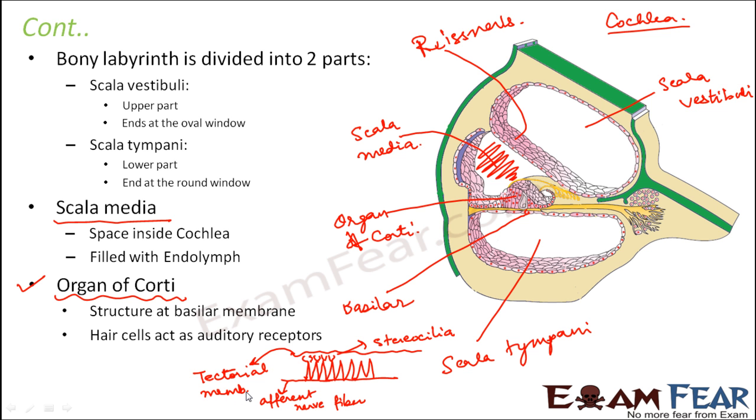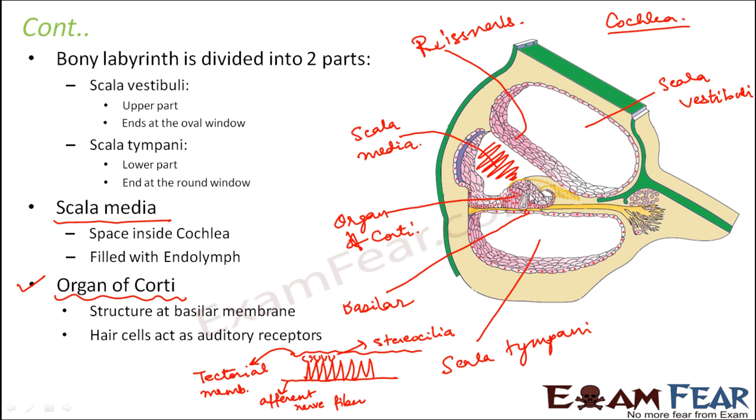If you try to look at the internal structure of the inner ear, you will see that there are a lot of small components. Even in the picture here, you can see that the tectorial membrane is somewhere here, just above the hair cells near the organ of Corti.